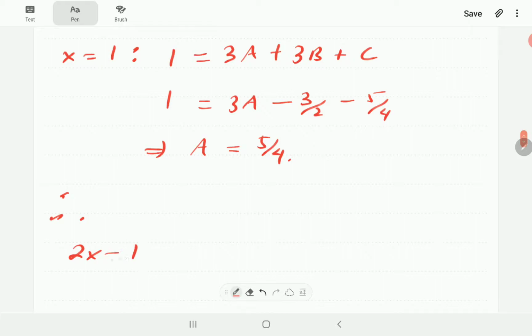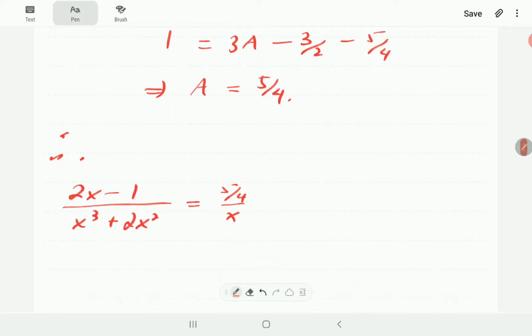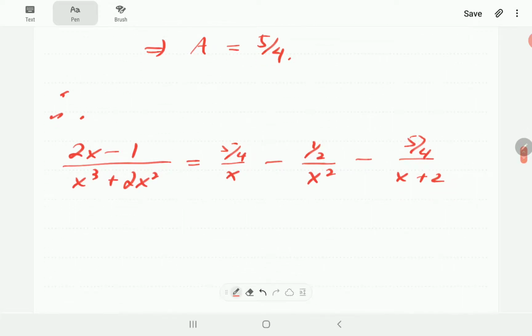So (2x minus 1) all over (x cubed plus 2x squared) is going to be 5 over 4 over x, minus 1/2 over x squared, minus 5 over 4 over x plus 2.